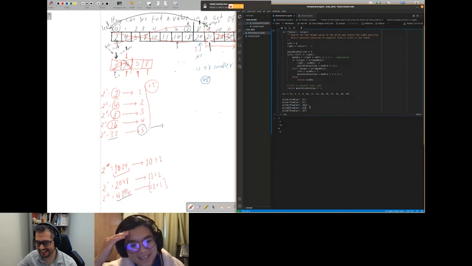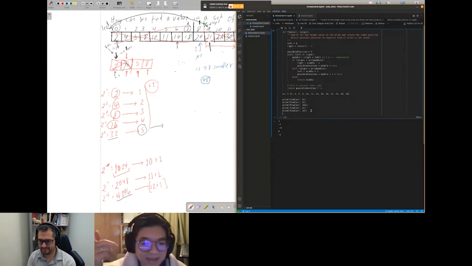That's a tricky one. Because the possible position would be 0, but there actually is a number at the current index 0. That's kind of funny.